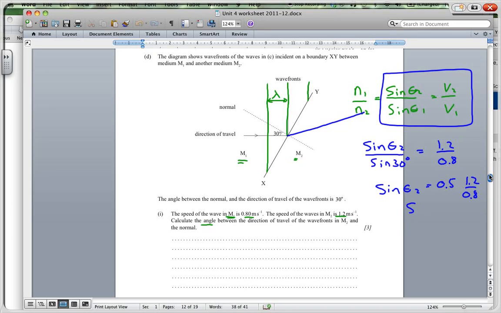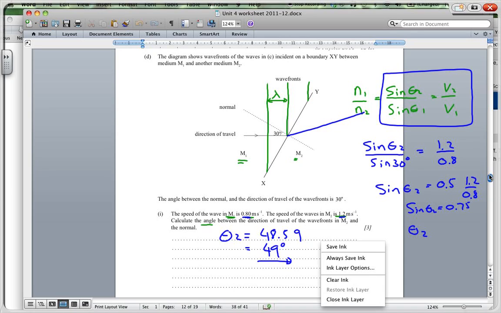So the sine of theta 2 is equal to 0.75, and then we do the inverse sine of our answer, and we get about 48.59. Theta 2, this angle over here, is about 48.59. Now you see here that we are working to two significant figures, so I would say the angle will be 49 degrees.